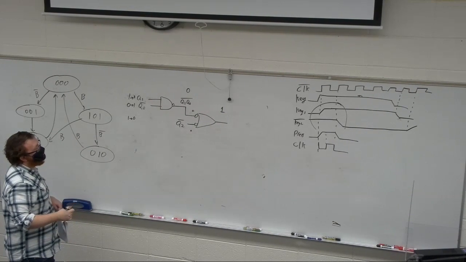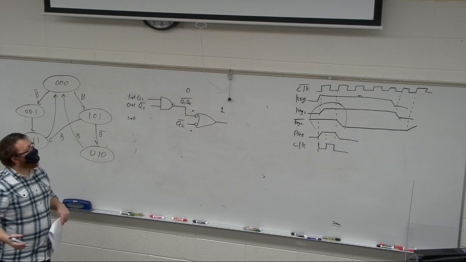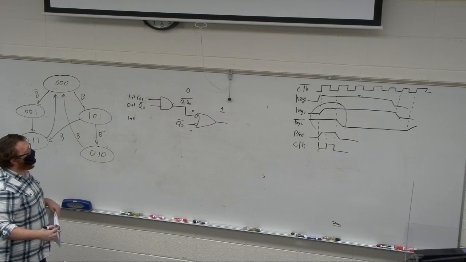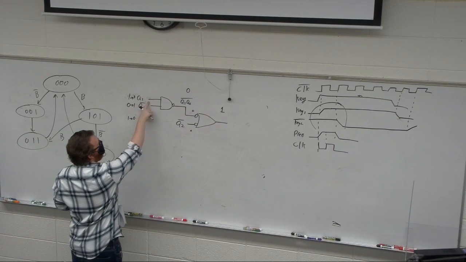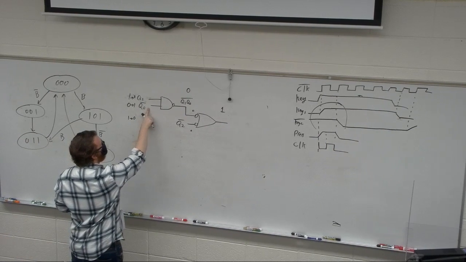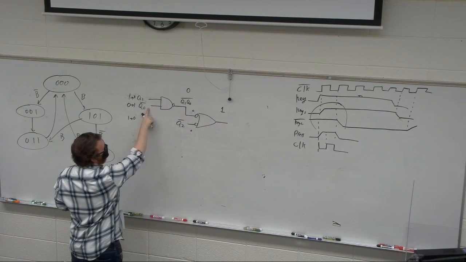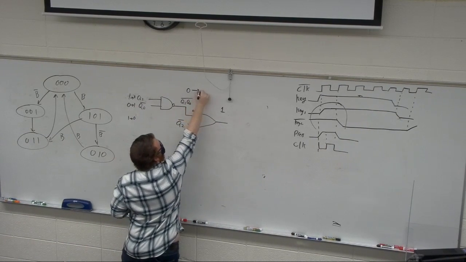Now, we're going to change to 0, 1, 0. Okay, so if I have a 0 here and a 1 here, this transitions to what? So 1, right?